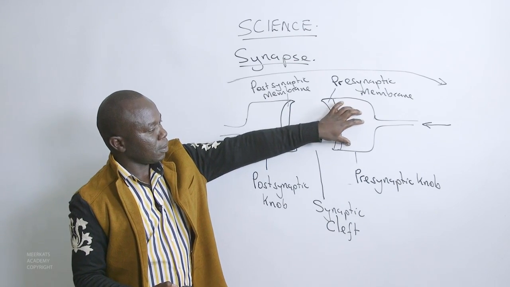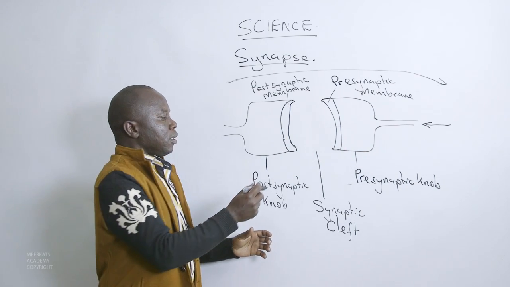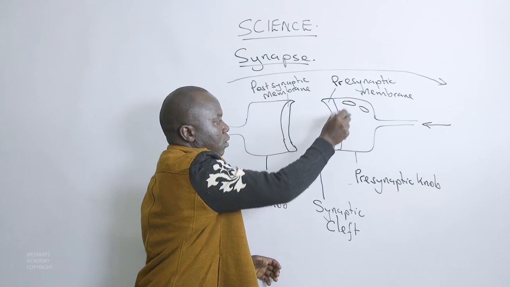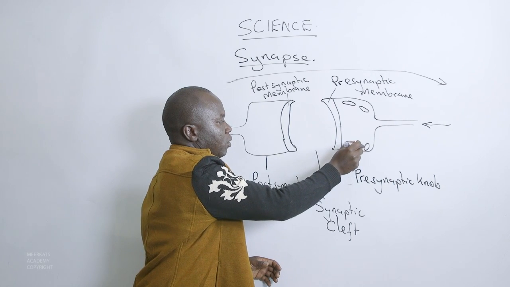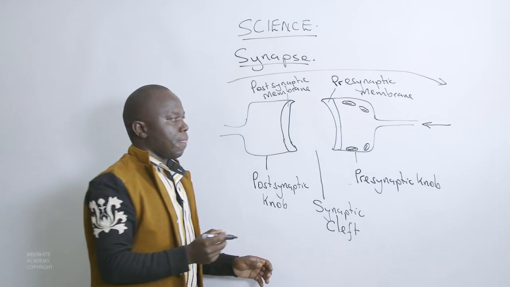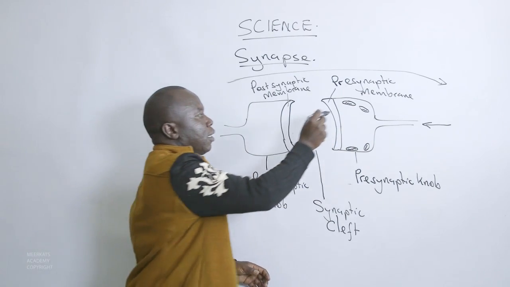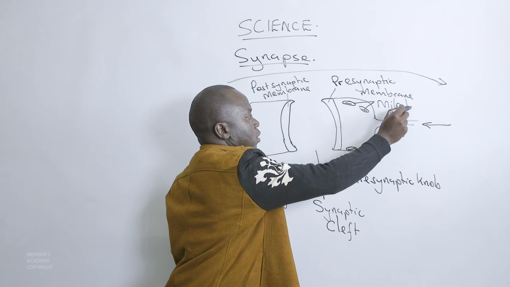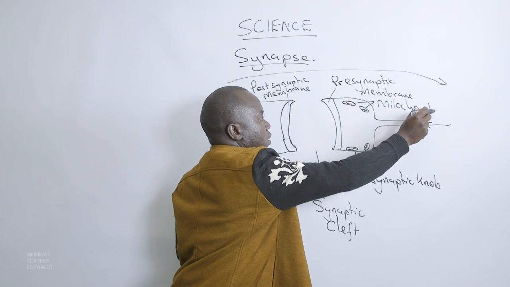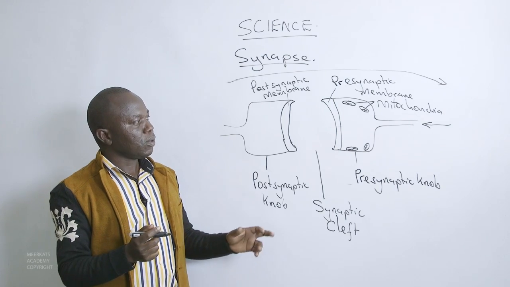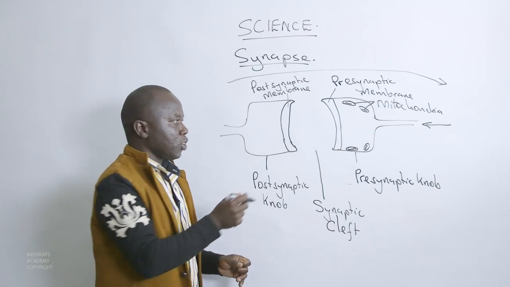Now, in this presynaptic knob, we have vesicles. First of all, we have mitochondria. I'll use that one to show mitochondria. We know that mitochondria is the powerhouse. It's where respiration takes place to release ATP energy.